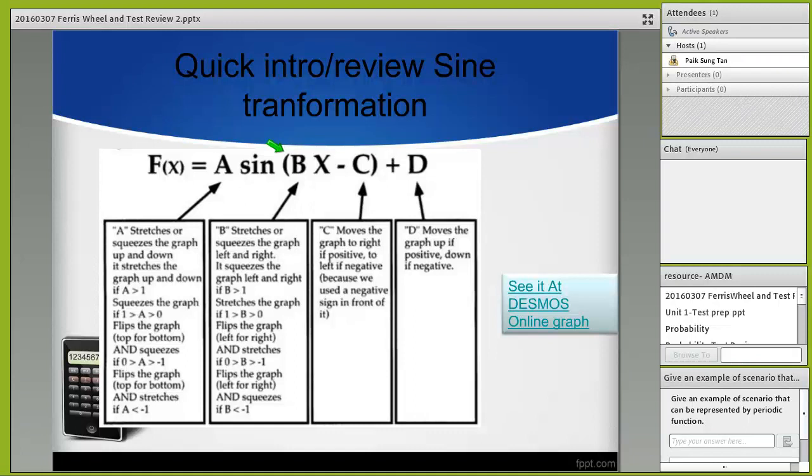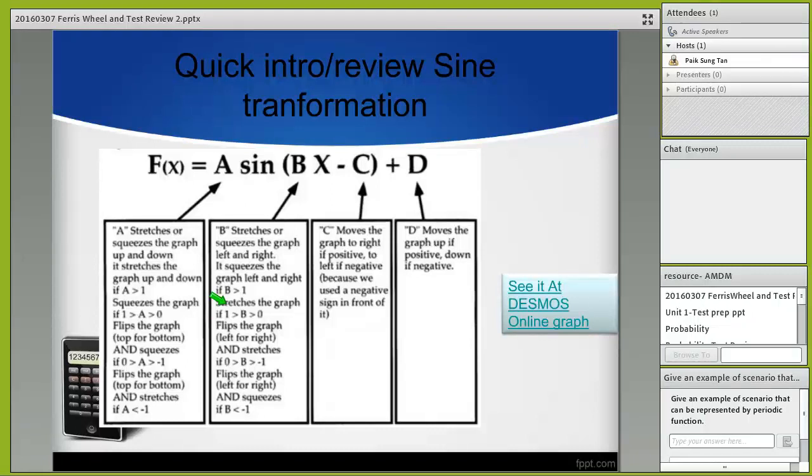The number in front of the x stretches or squeezes the graph left and right. So if B is greater than 1, it stretches the graph. If B is between 0 and 1, it flips the graph left for right and stretches it.